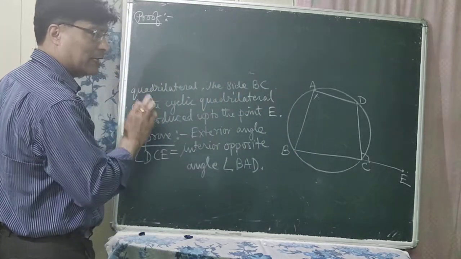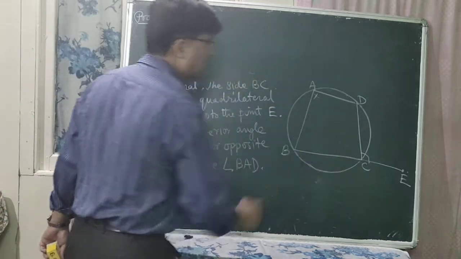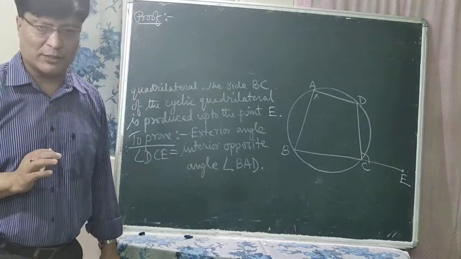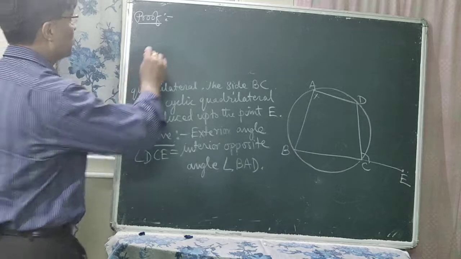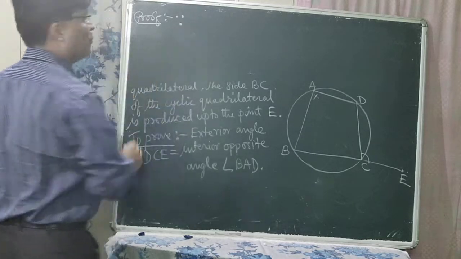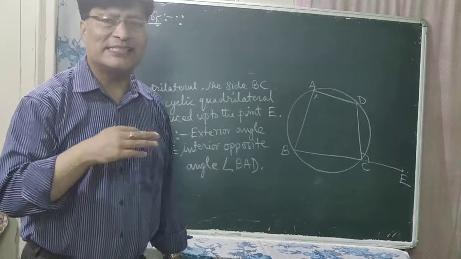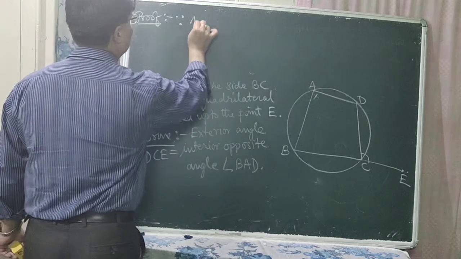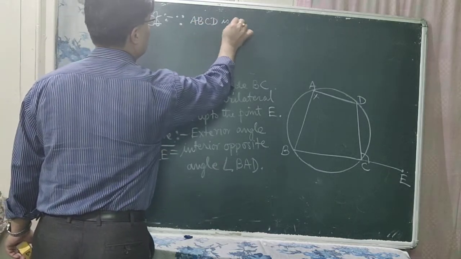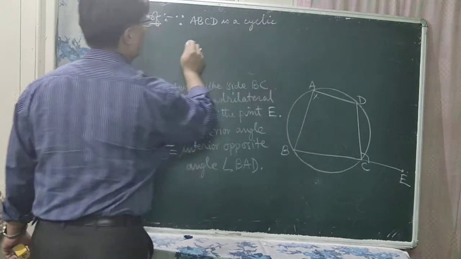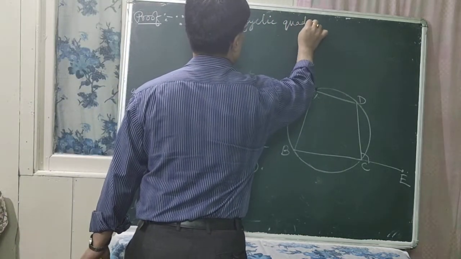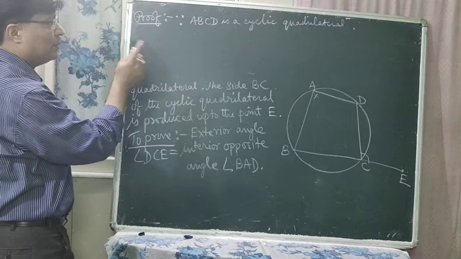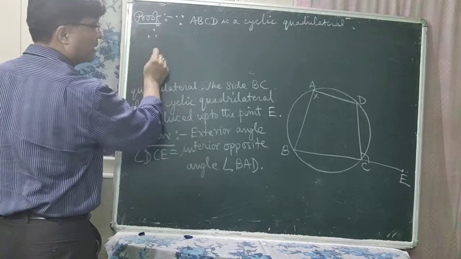In the previous theorem, we just proved that if ABCD is a cyclic quadrilateral, then the sum of the opposite angles of the cyclic quadrilateral are supplementary. Just now we proved it, isn't it? So since ABCD is a cyclic quadrilateral, therefore what can I write?